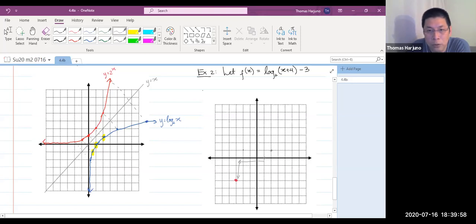Move 4 units to the left, 3 down. (1/2, -1), 4 to the left, 3 down. Okay, we have those three important points. If you can get more, that would be great. Like we know that we have (4, 2), so 4 to the left, 3 down will be here. Oh, so computationally later on, we will see that our y-intercept will be (0, -1).